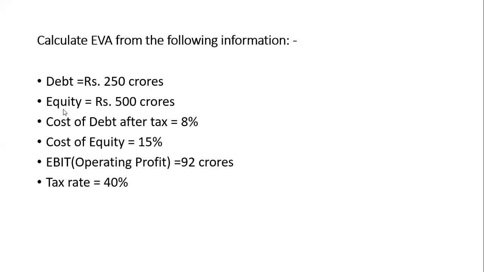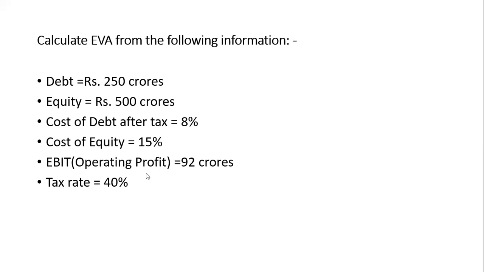The company is raising debt and equity from the market, issuing bonds of 250 crores. Equity they are raising is 500 crores. Cost of debt after tax, this is the interest on the debt. The company is paying interest of 8%. The company is paying a dividend of 15%.